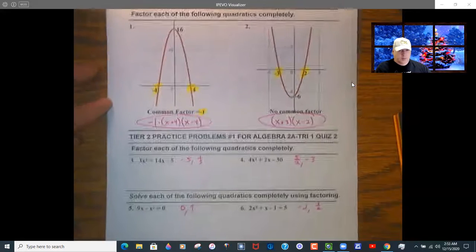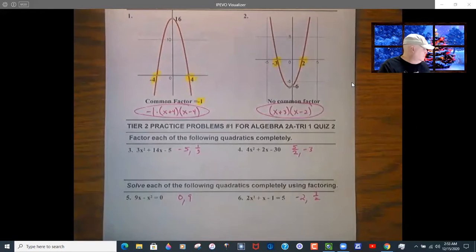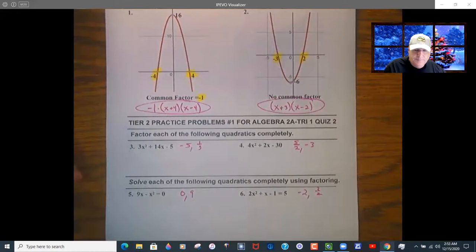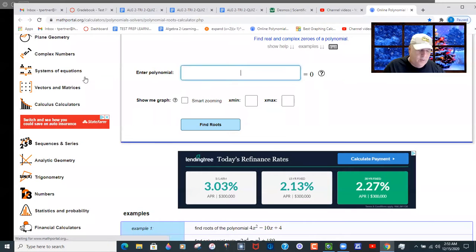So you want to go through and get those x-intercepts. Another nice little root finder that's online, should you so care, is the Math Portal site. So go to mathportal.org. You can type that in or copy and paste it however you would manage to do that.